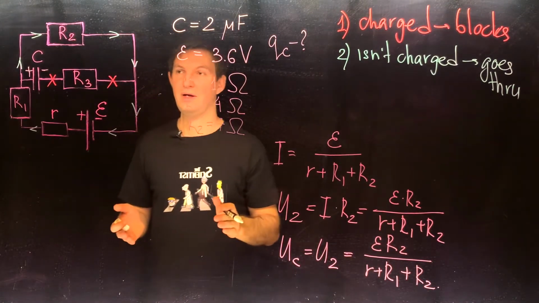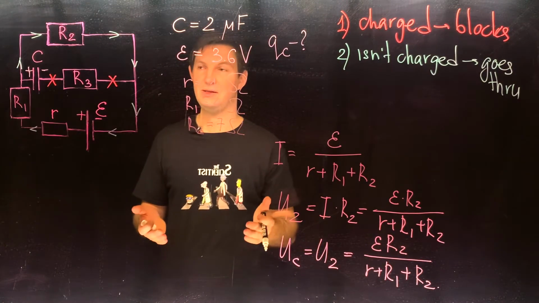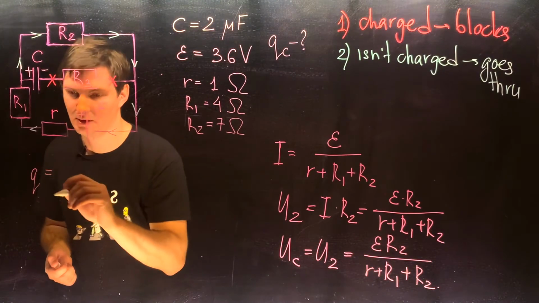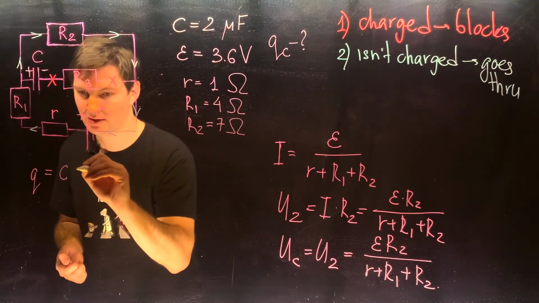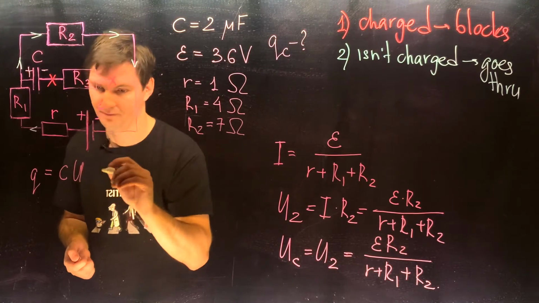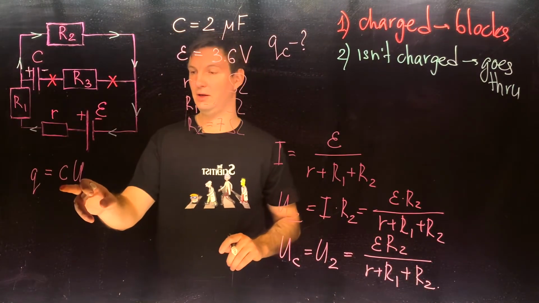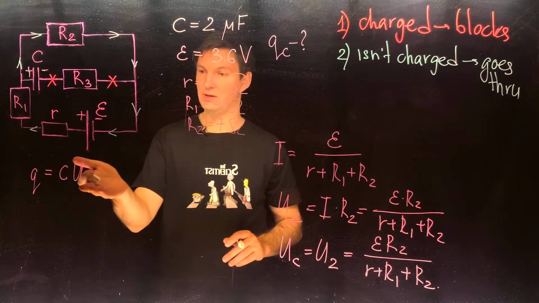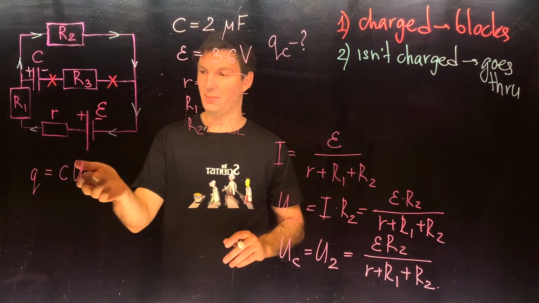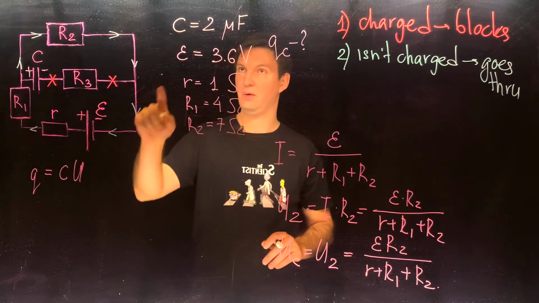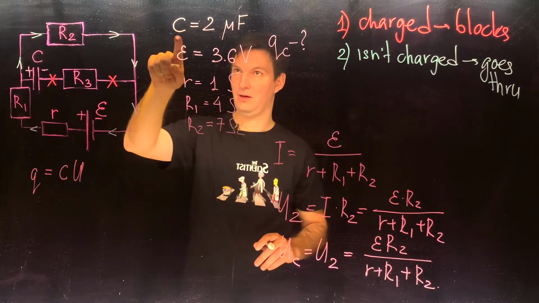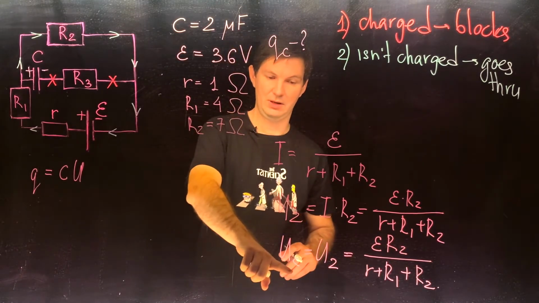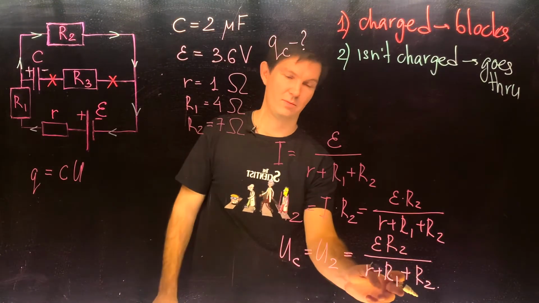The formula to find the charge of any plate of a capacitor is Q equals C times U, where C is the capacitance of the capacitor and U is the voltage of the capacitor. And in our case we have that the capacitance is C and the voltage is this formula.